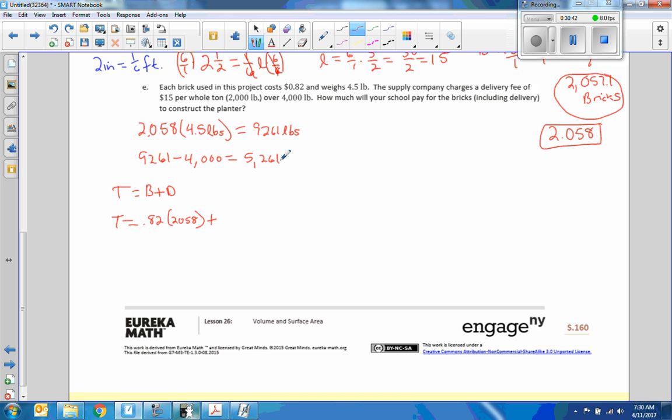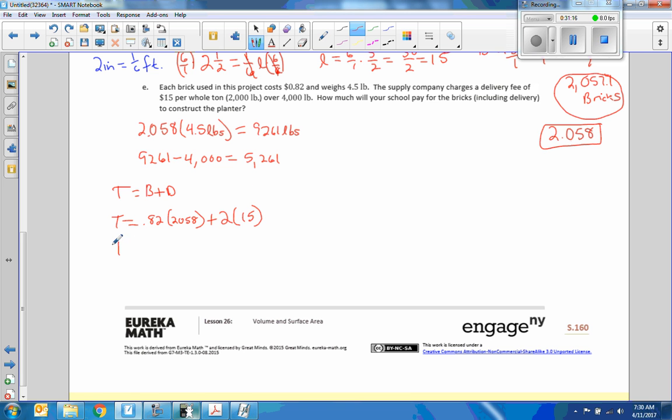We were 5,261 pounds over. Since 1 ton equals 2,000 pounds, there are 2 whole tons and 5,261 pounds. So 3 tons would be too many. So we're only going to go with the 2 tons times $15.